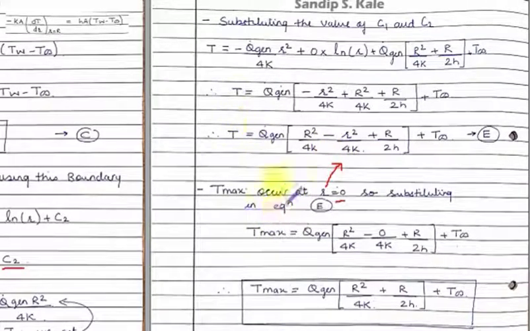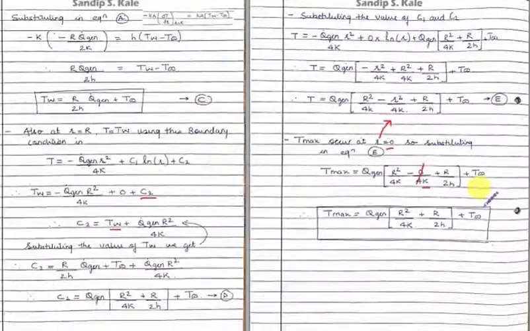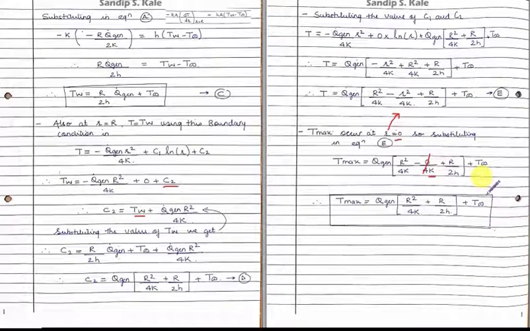So T will become Tmax, q generation in bracket R squared by 2, this term becomes 0, plus R upon 2h. After this arrangement, you get this equation, that is the Tmax equation. In this way we have found the expression for the maximum temperature and the expression for the wall temperature. These two formulas will be utilized for solving the numericals.